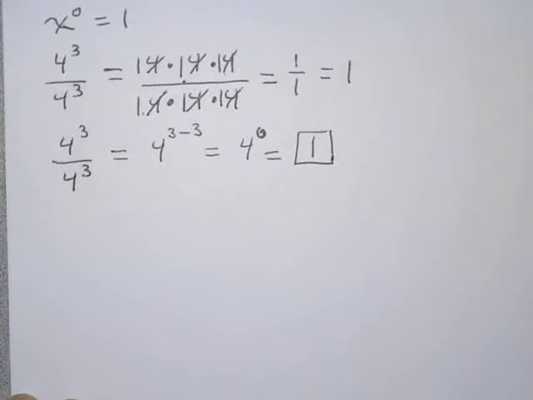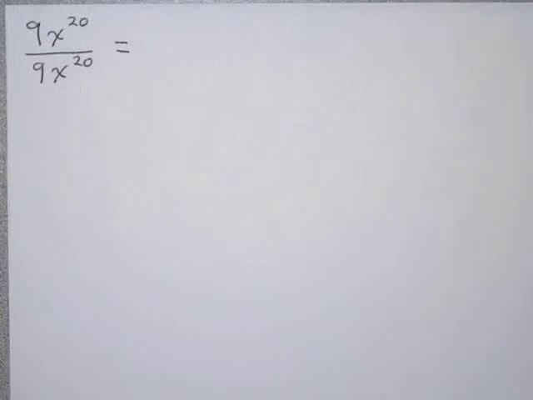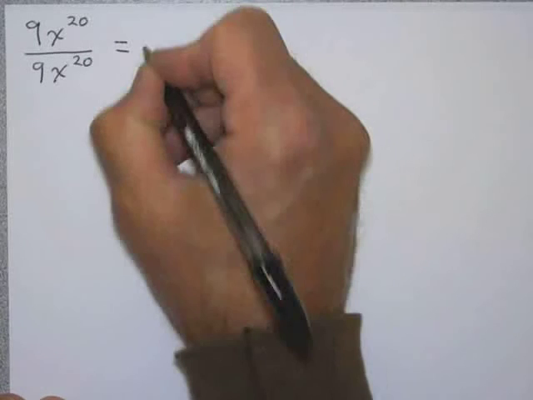All right. Let me give you a second example of that. I'm going to pause and set it up. In this example, we have 9x to the 20th power over 9x to the 20th power. And let's start with our division. We know that 9 divided by 9 is going to equal 1.